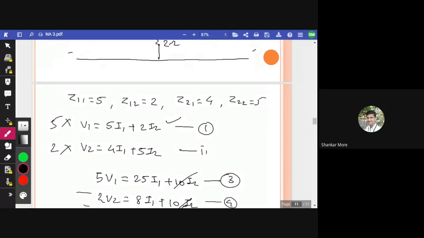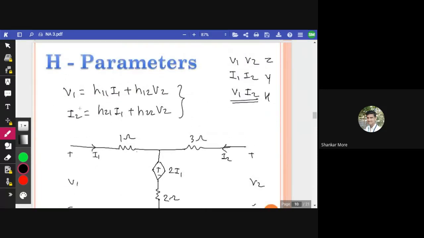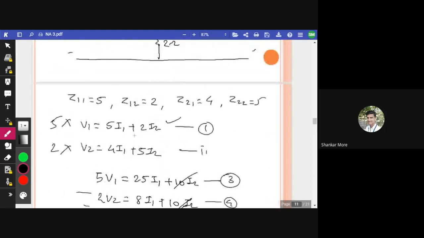All right. So now next we have to find out H21 and H22. So we need to modify our equations in this form: I2 is equal to H21 I1 plus H22 V2. So how can we modify these equations? See, these are our basic equations of Z parameters.